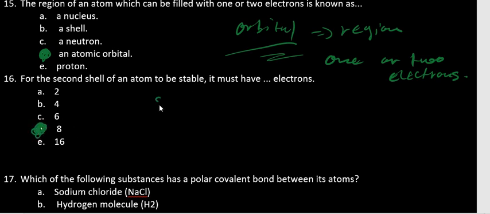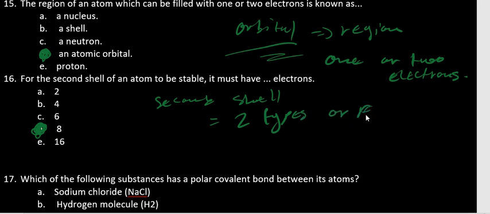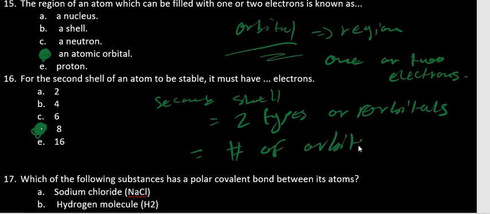Remember, the second shell has two types of orbitals, and then the number of orbitals, there are 4.